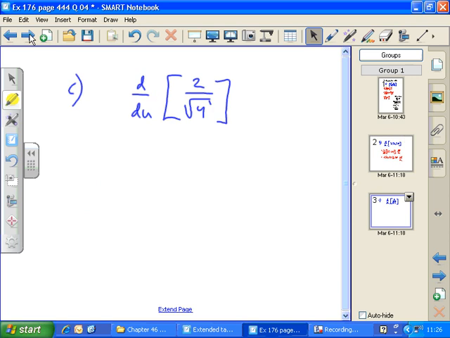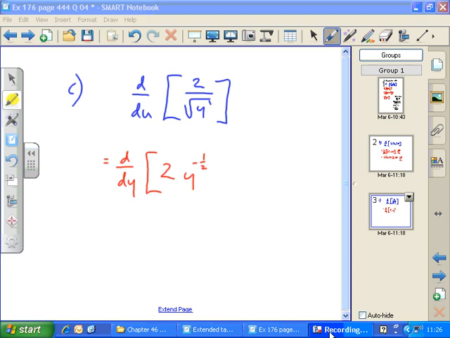Part C, differentiate with respect to u this function here inside the square brackets. So again, we need to differentiate with respect to y. And if we think about how we can rewrite this, the 2 times y to the, it's the square root is a half, and it's the inverse, so it's minus a half.